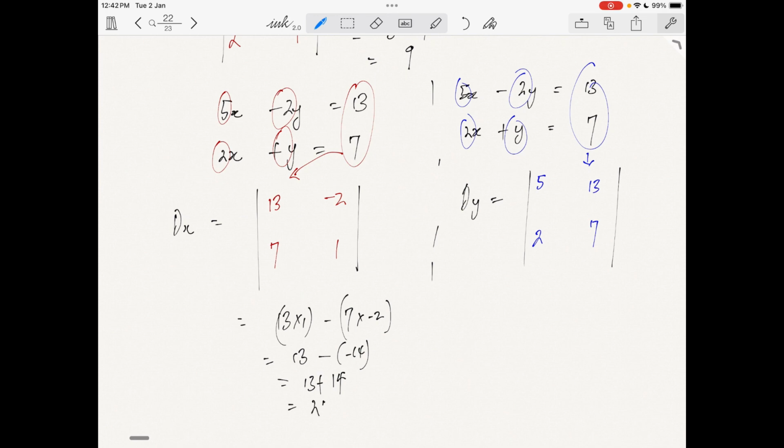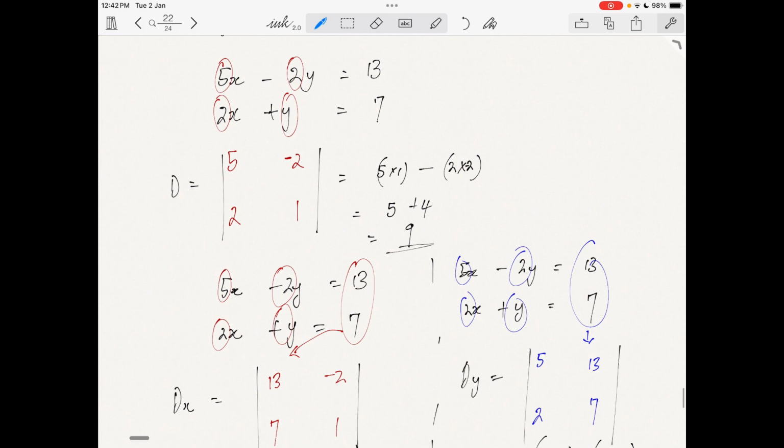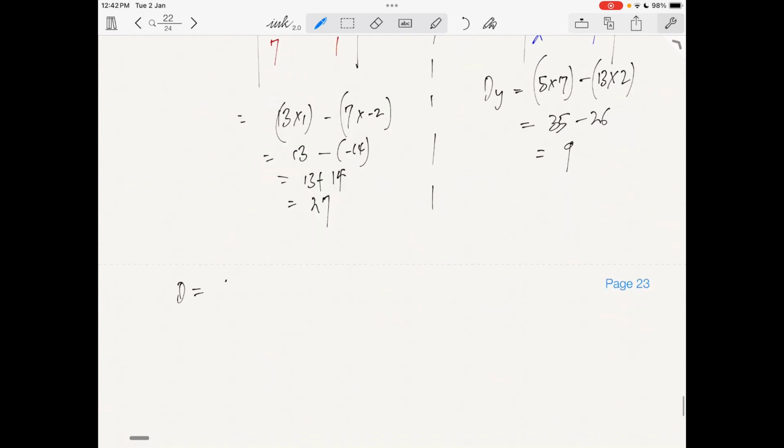And in the case of dy, we have 5 times 7 minus 13 times 2. That will give us 35 minus 26, that will give us 9. So we recall that d that we calculated is 9, dx is 27, dy is equal to 9.